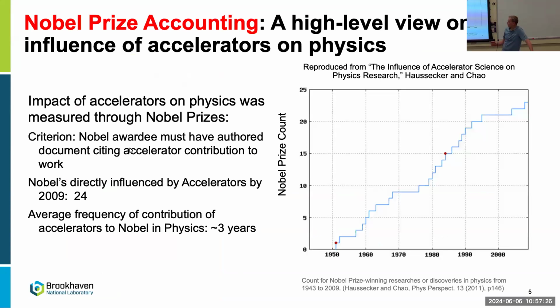In fact, we've looked at how often the Nobel Prize, which I'm sure each one of you here is trying to work on right now, thinking about it, is awarded based on work directly influenced by accelerators. And it turns out that every 3 years, on average, a Nobel Prize is directly associated with or influenced by an accelerator.